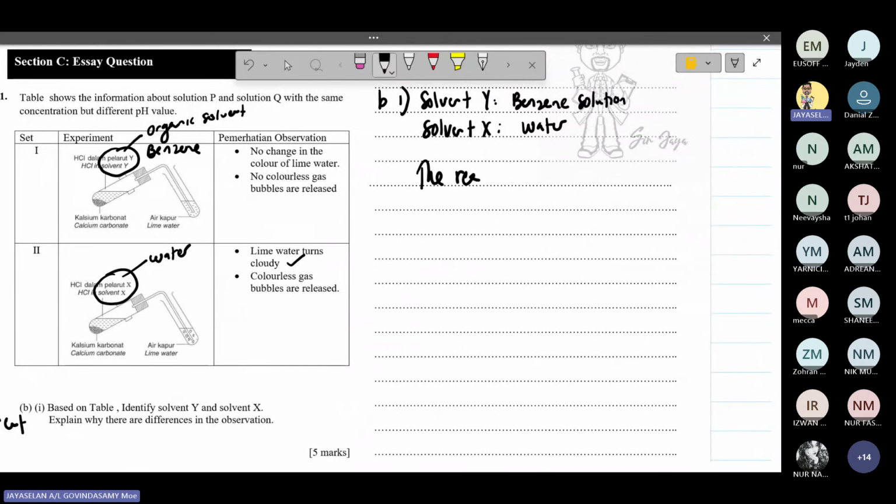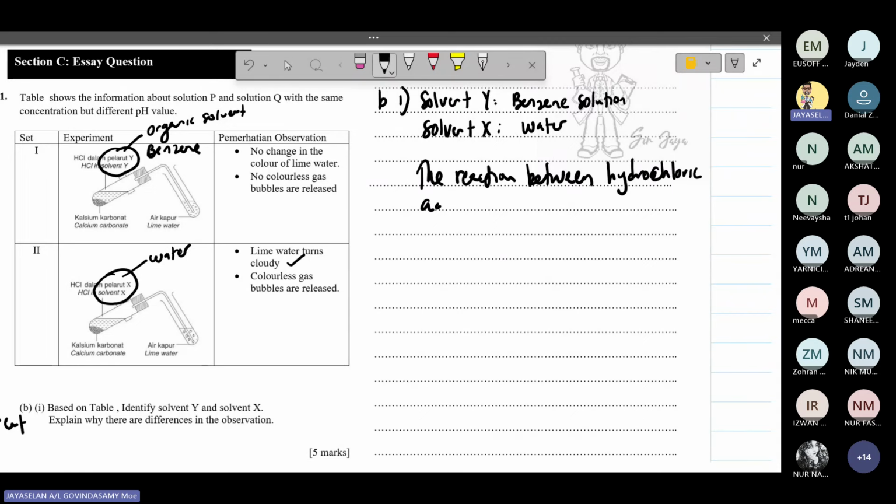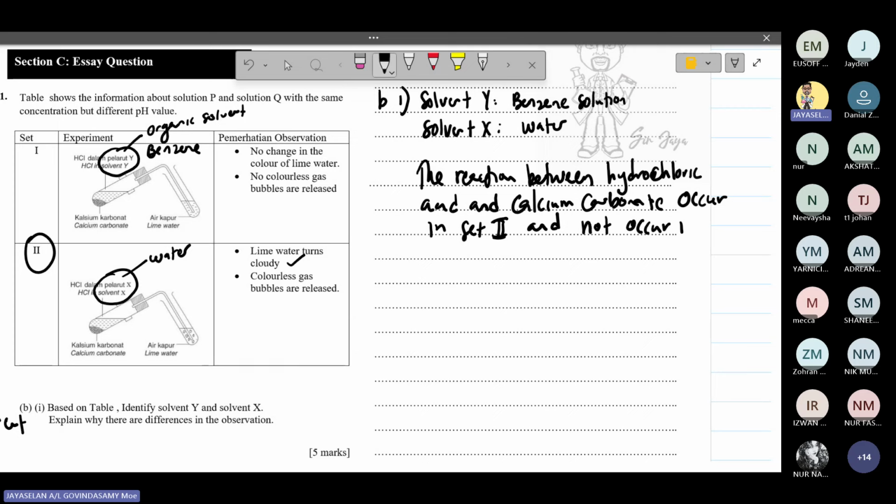Okay, so the reaction between hydrochloric acid and calcium carbonate occurs in set 2, and does not occur in set 1. So one mark: it occurs in set 2, and does not occur in set 1.